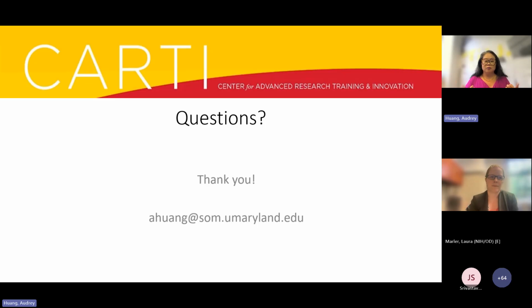You don't need the hypothesis, but you need your evidence for whether or not it's needed. That still goes back to justifying the significance and the innovation. And you still need an overarching goal. It doesn't have to be hypothesis-driven, but again, that needs to match what the funder seeks and the funder's mission.